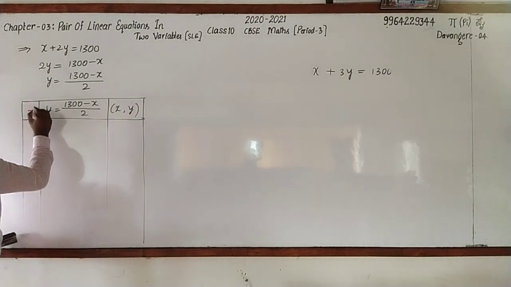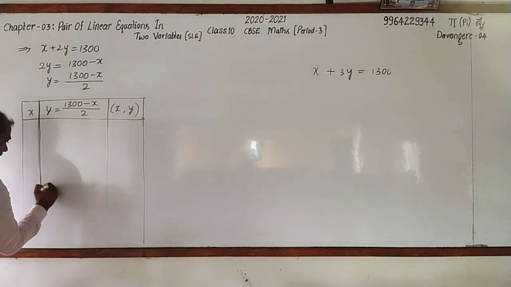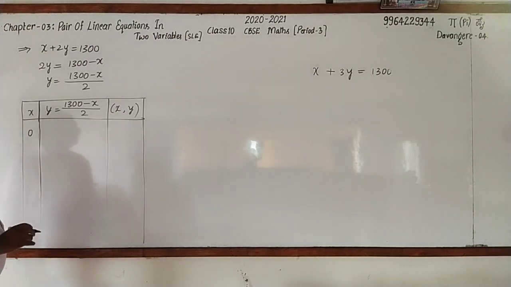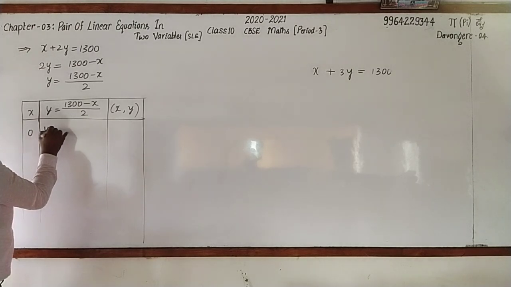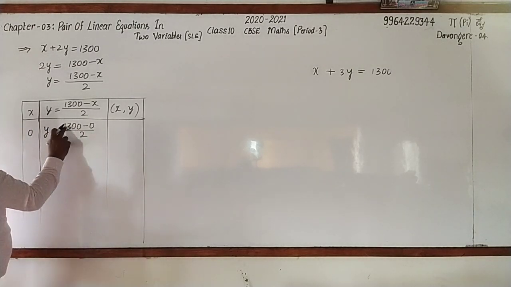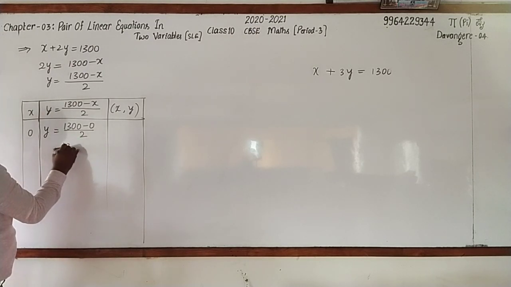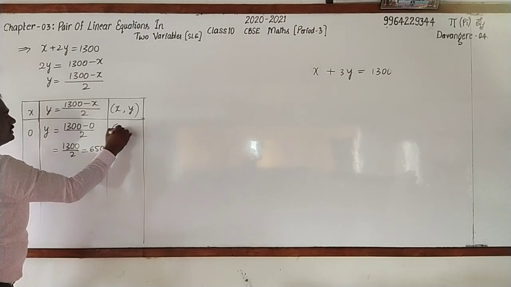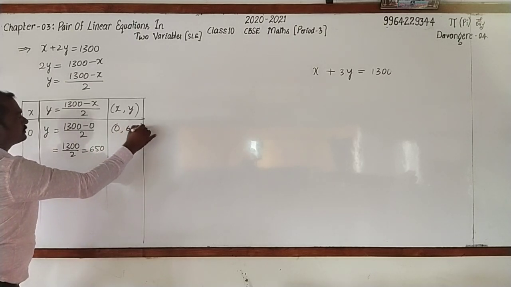Here, let us choose the values for x. If x is 0, y equals (1300 minus 0) by 2. How much is it? 1300 by 2, this will be 650. When x is 0, y is 650.